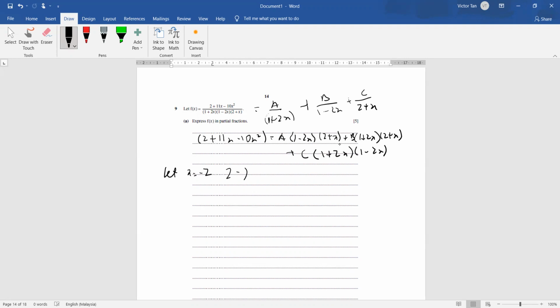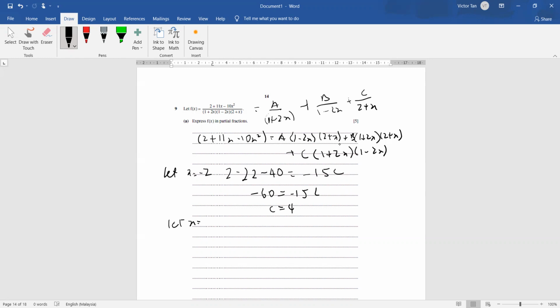So this is 2 minus 22 minus 40 equals, here, minus 2 is 1 minus 1, 1 minus 4, and 1 plus 5, 15. Minus 15C. This will be minus 60 equals minus 15C. C is 4.